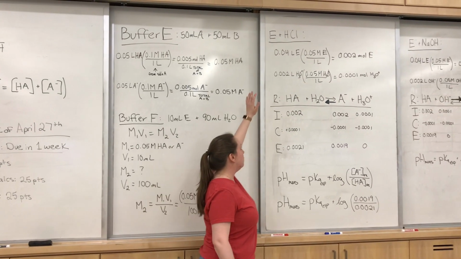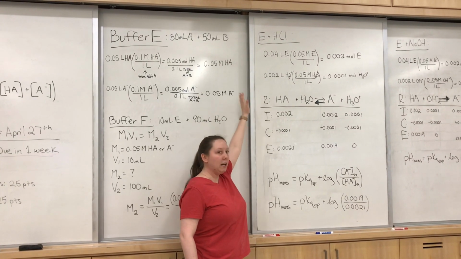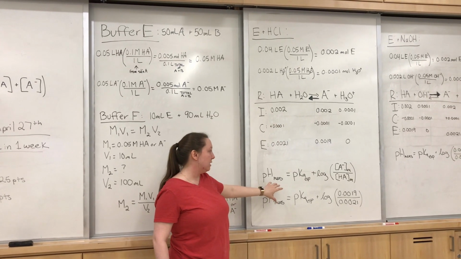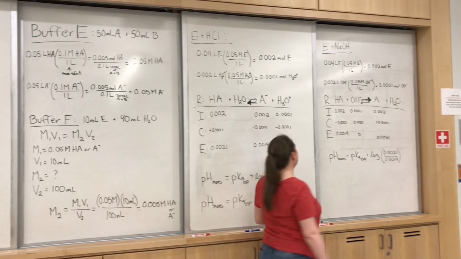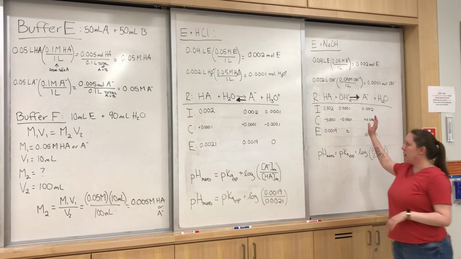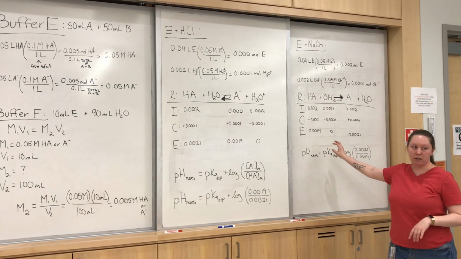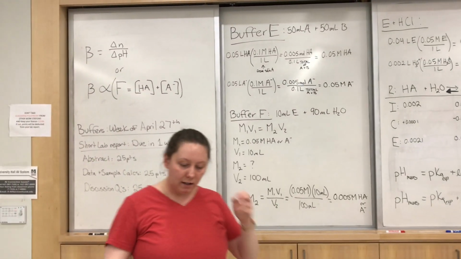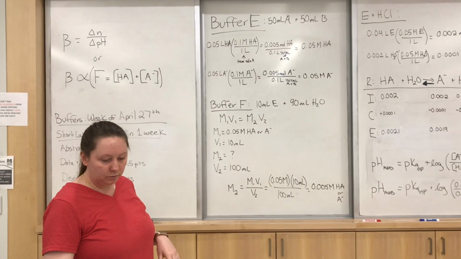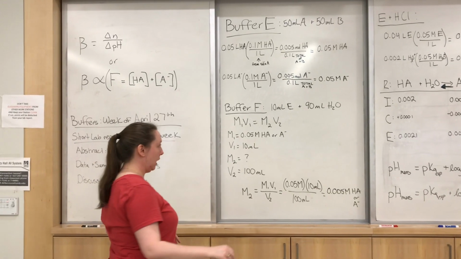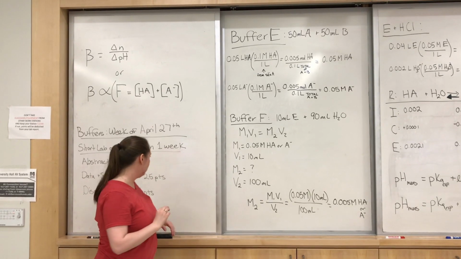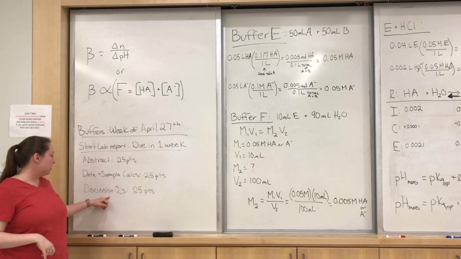We need an ice table for an acidic condition with the Henderson-Hasselbalch. We need one of the basic condition. Okay, those are two different things. So the data section is going to be pretty big this time. Then we have discussion questions.